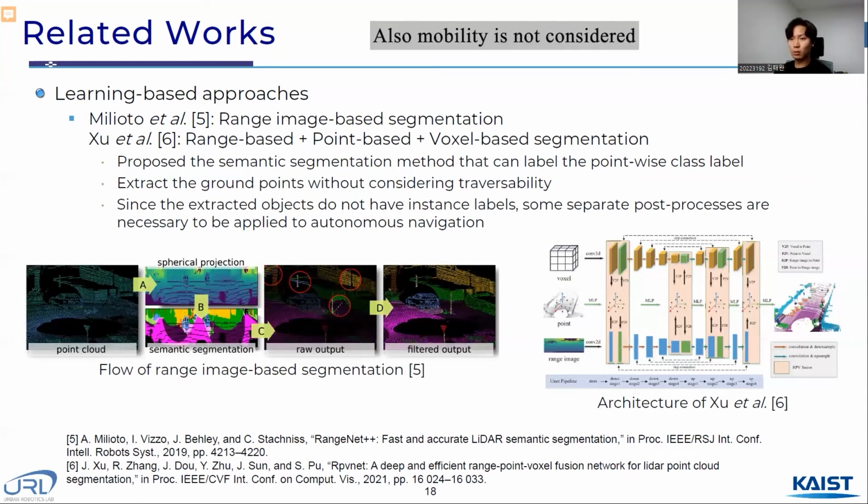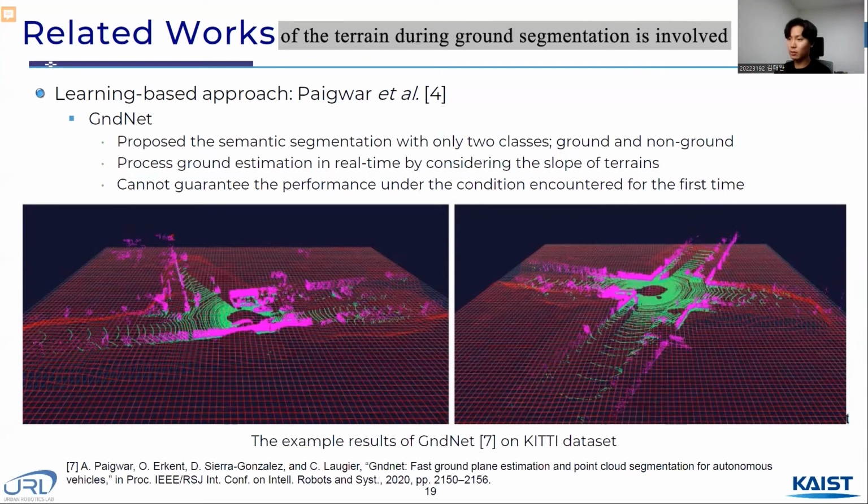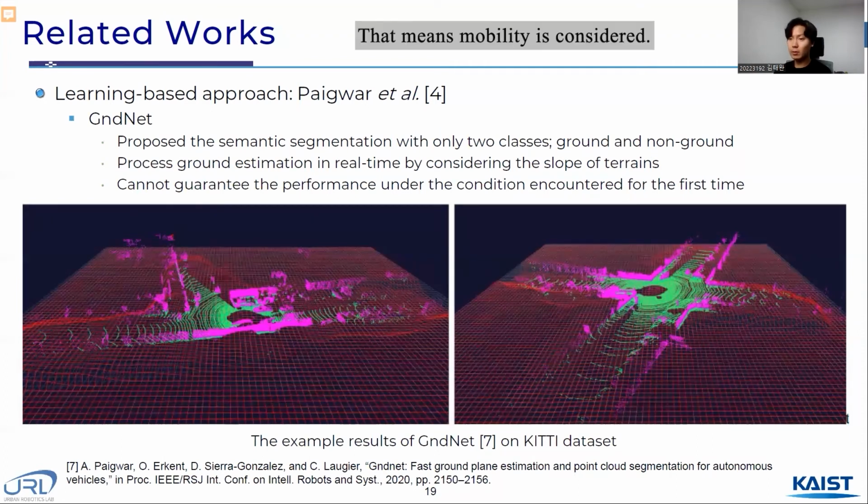Also, mobility is not considered in recognizing ground points. In GNDNet, which is a learning-based study, the process of considering the gradient change in the terrain during the ground segmentation is involved. That means mobility is considered. However, as with all learning-based methods, we can't guarantee the performance in an environment we've encountered for the first time.